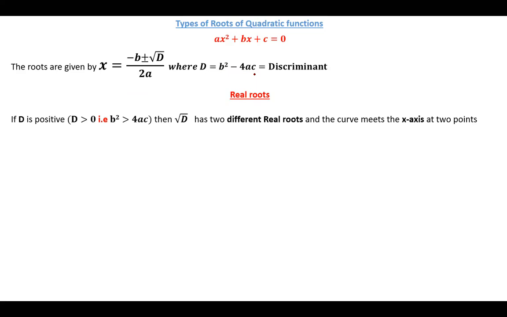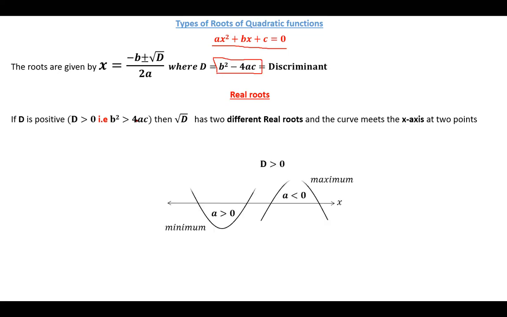So when you replace your given values here, and you discover that the answer you get is positive, greater than 0, just know that the given equation has two different real roots, meaning two different real numbers as your answers. The other meaning of that is it cuts the x-axis at two different points.